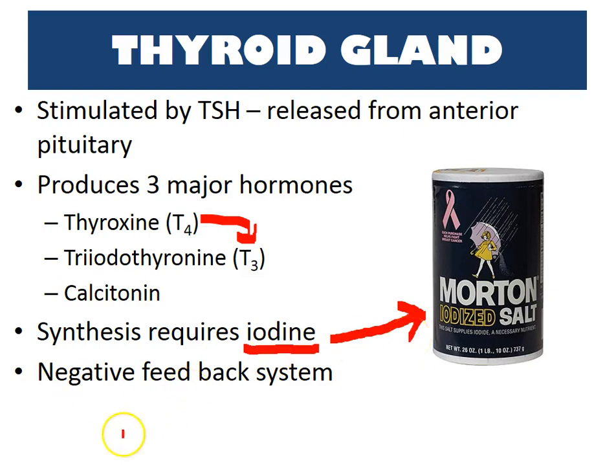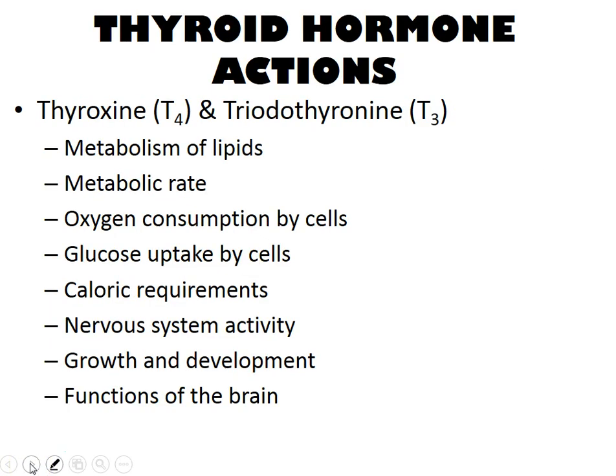And this also works on a negative feedback system. T4 and T3 have effects on the metabolism of lipids, your metabolic rate, the oxygen consumption by cells, also glucose uptake by cells, caloric requirements, nervous system activity, growth and development, and function of the brain.